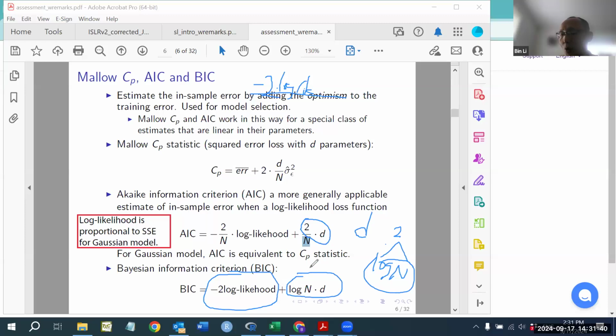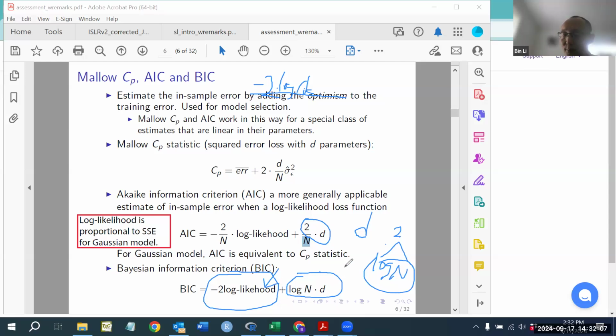So you can see the more complicated the model is, the better the fitting. If we have a complicated model, this term will be large, so we have a penalty on the model complexity, but this term will be small, so we have a very good fitting. If we have a simple model, it reverses. This will be large, so we have a bad fitting and fit the data poorly.